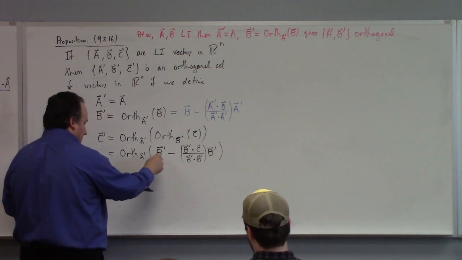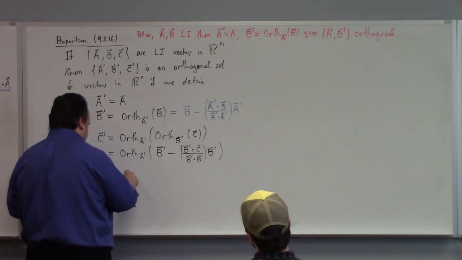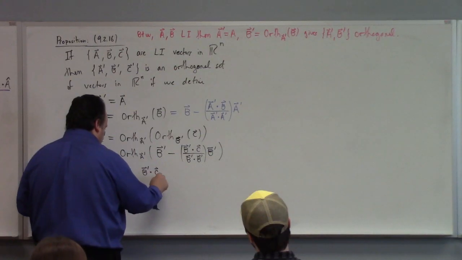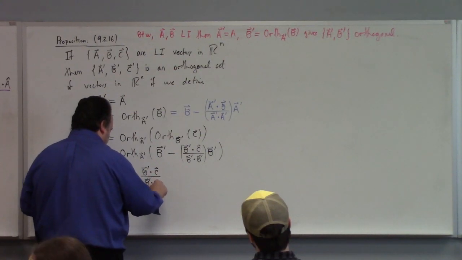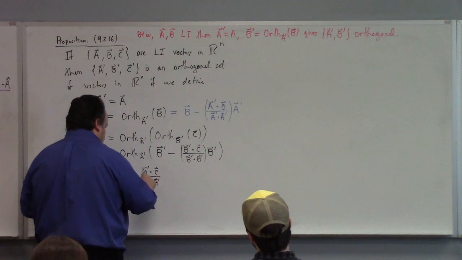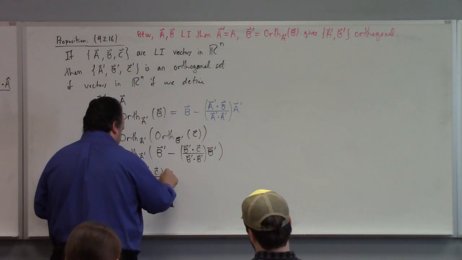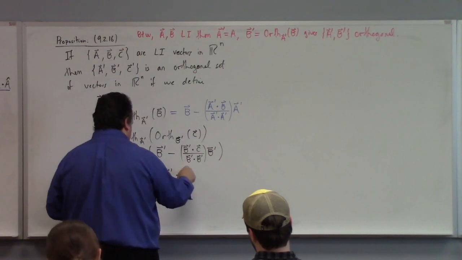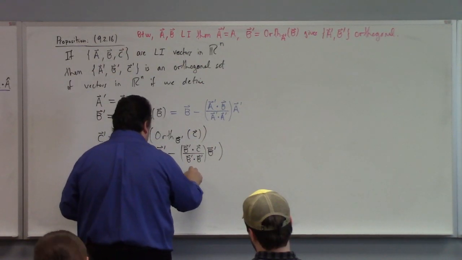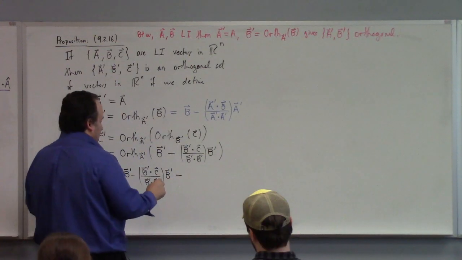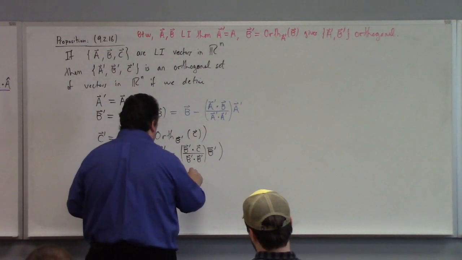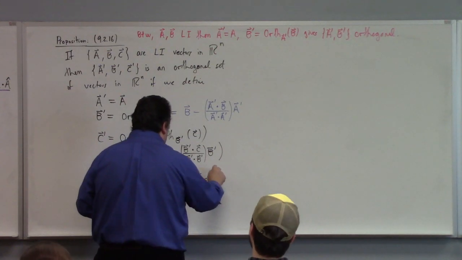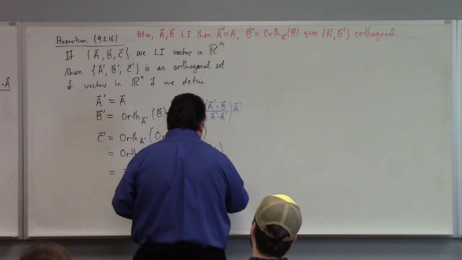That's equal to the input vector, minus what? Minus the projection. So I'll write it out here. Let me just write projection in the A prime direction of this vector here.